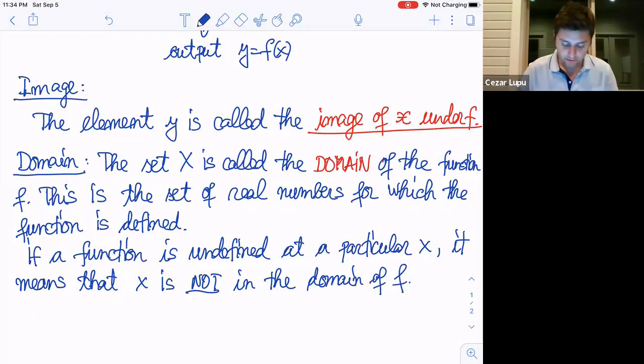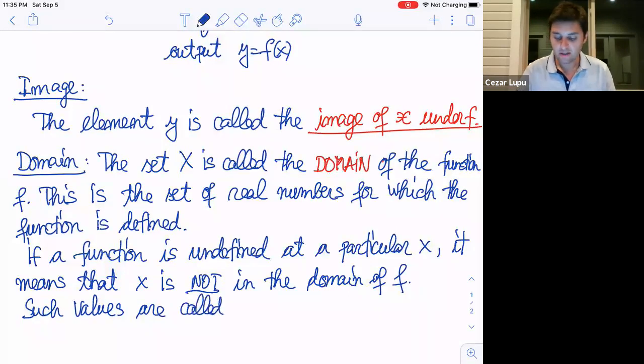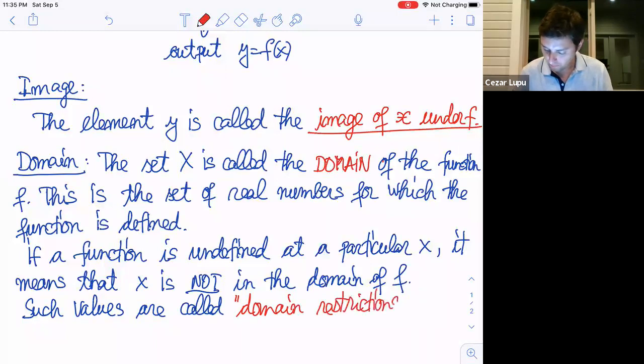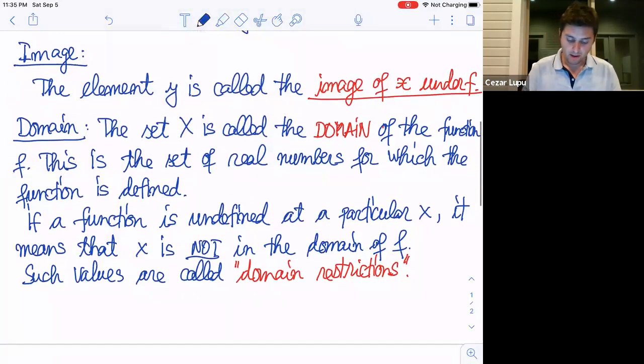We would like to say such values are called domain restrictions. And now let's see some examples. I'd like to show you some examples of functions with domain restrictions. And the examples I have in mind are the following.